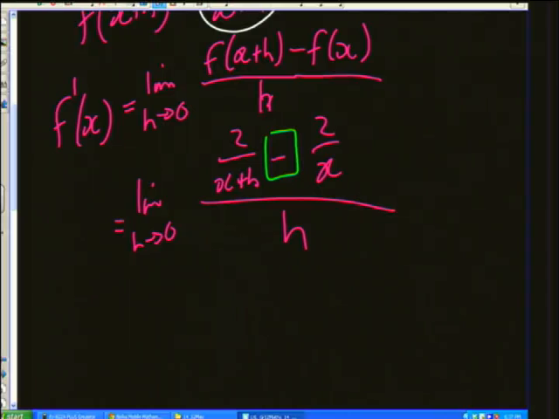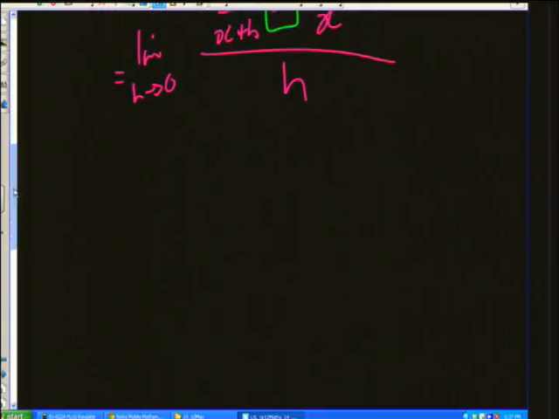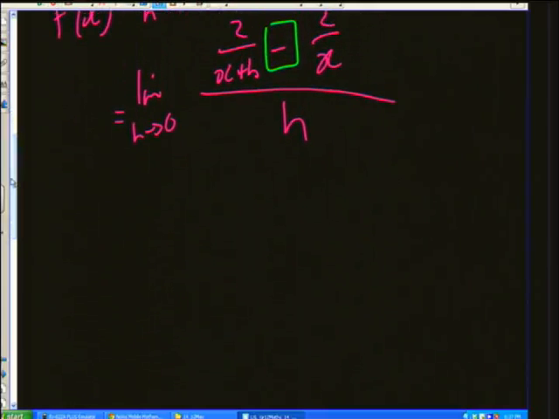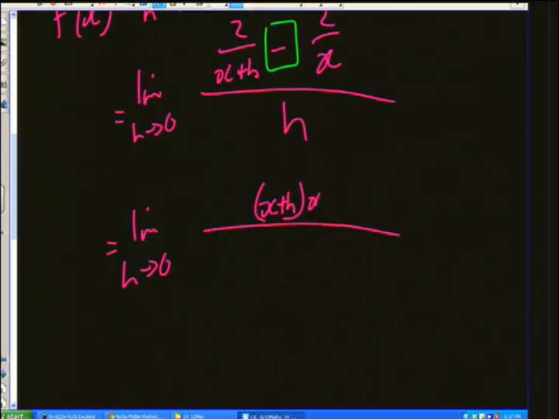In this case, you've got a fraction. So how do we deal with fractions? I'm going to take it very simply, and because I'm not as confident in some of this as some other people are, I'm going to take the common denominator. And I'm going to say to myself, x plus h times x is my common denominator. So how many times does this go?